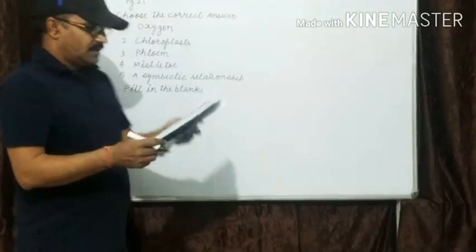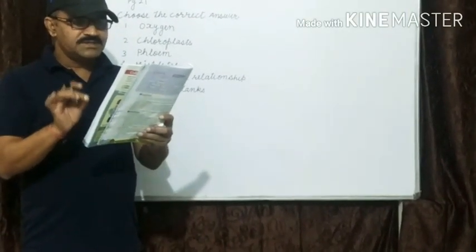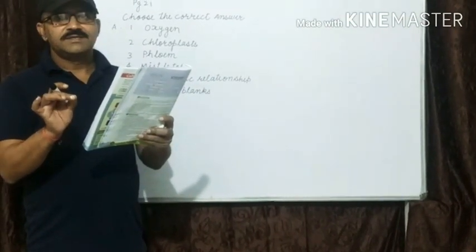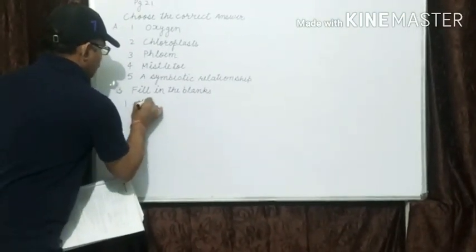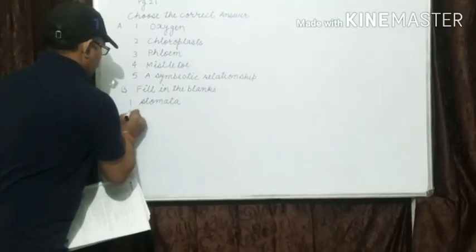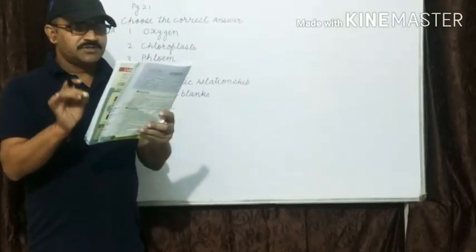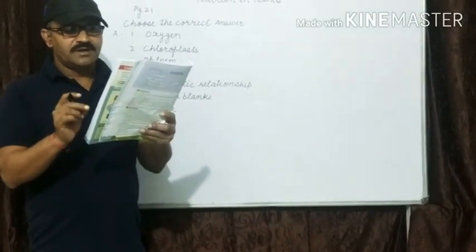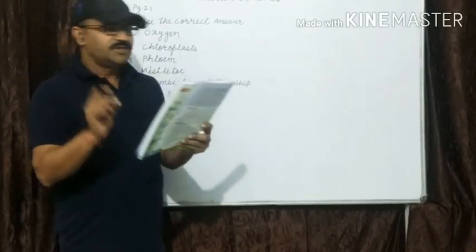Number 1, the exchange of gases in plants takes place through tiny pores in the leaves called, answer is stomata. Second, dash are the pipeline structures that transport water and dissolved minerals from the roots to the leaves. Answer is xylem.